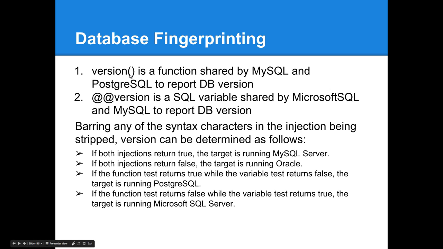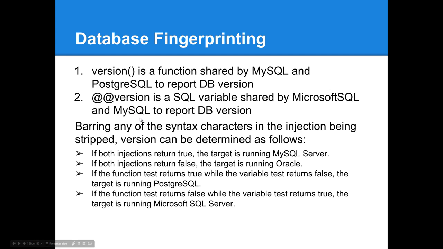Specifically, version() is a function that is provided by MySQL and PostgreSQL. Therefore, if you can inject it and it runs, and you can extract that information either in band or out of band, then it is either MySQL or Postgres. Instead, @@version is a SQL variable that is basically whatever version prints, that is shared by Microsoft SQL and MySQL.